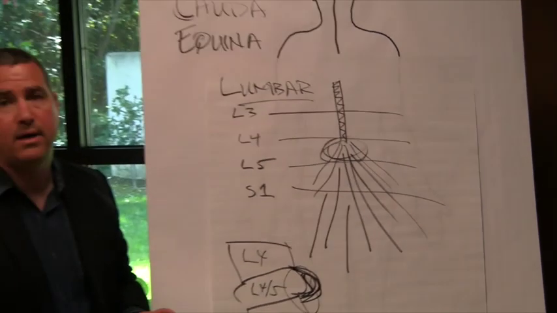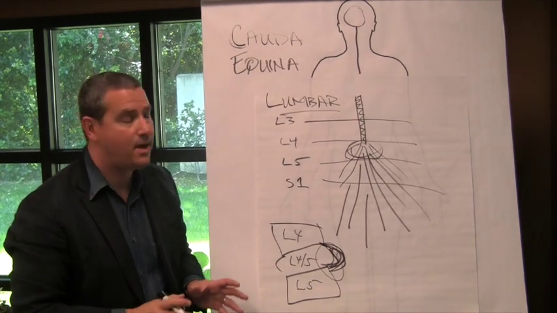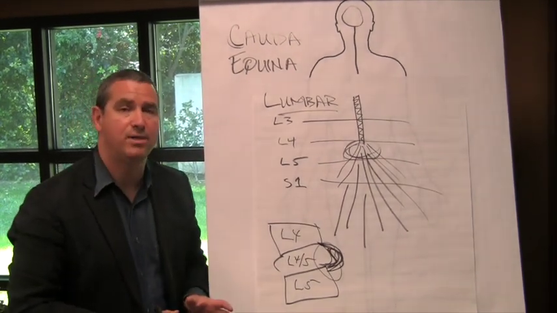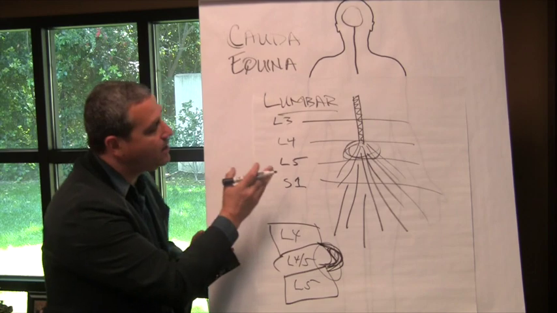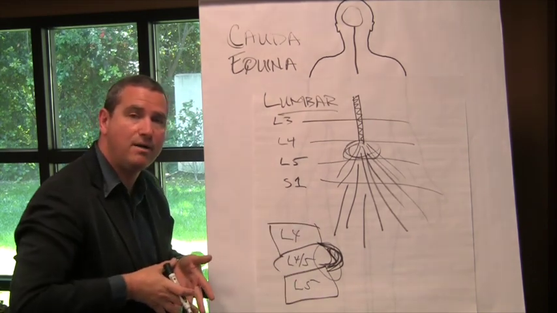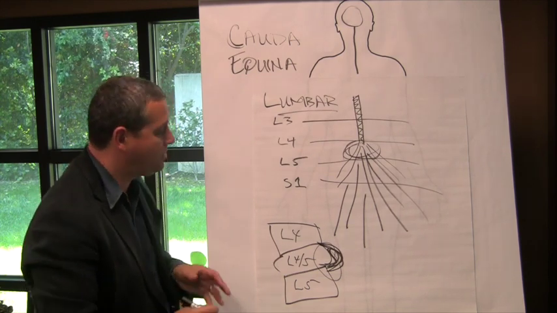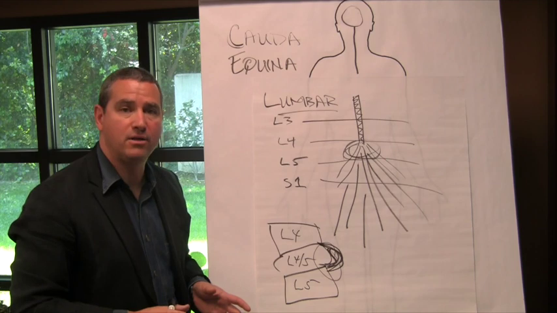Now, when these nerve roots are affected, it can have profound implications, because this area of the spinal column provides a lot of the nerves and the motor and the sensory for some very important function.